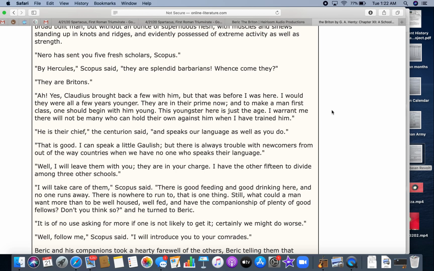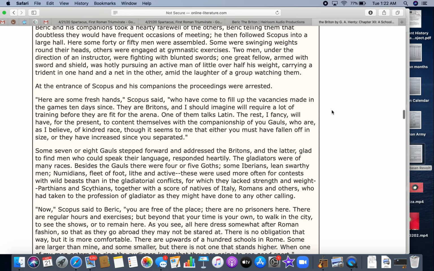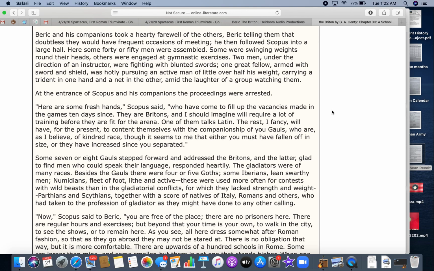Still, what could a man want more than to be well housed, well fed, and have the companionship of plenty of good fellows? Don't you think so? He turned to Barrack, the chief. It's no use asking for more if one is not likely to get it. Certainly we might do worse. Well, follow me, Scopas said. I will introduce you to your comrades. Barrack and his companions took a hearty farewell of the others, Beric telling them that doubtless they would have frequent occasions of meeting. He then followed Scopas into a large hall.